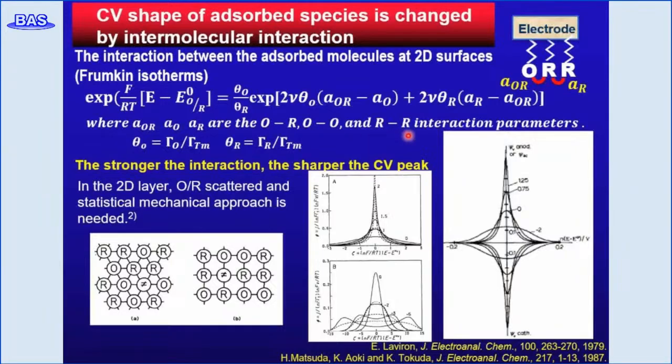In the two-dimensional plane, various combinations such as those shown here are possible and require a statistical mechanical approach. If the interaction is an attraction, the CV peak will be steep. If it is a repulsion, the peak will be broadened, sometimes separating into two peaks.